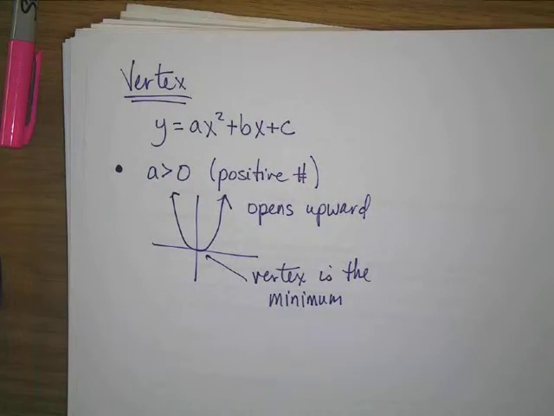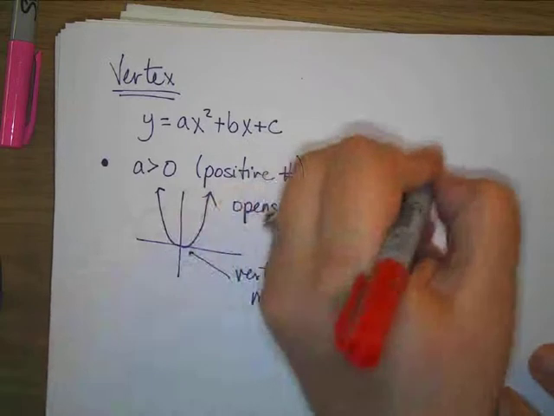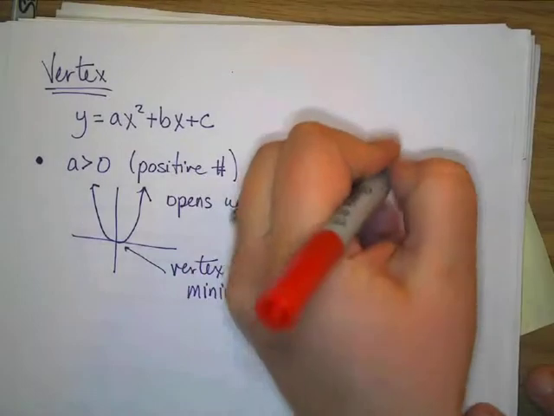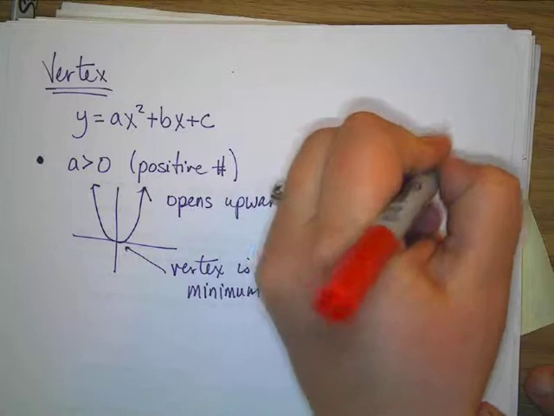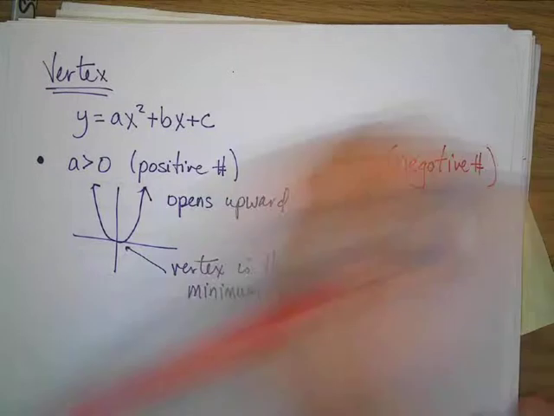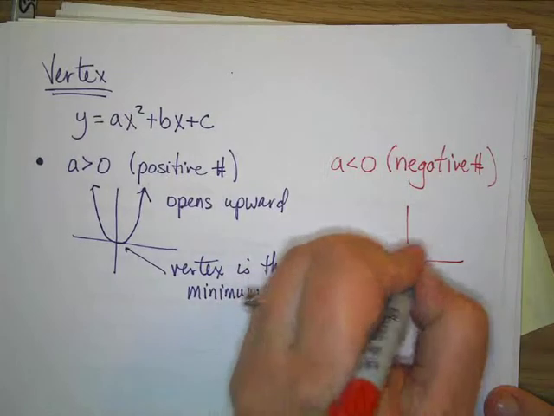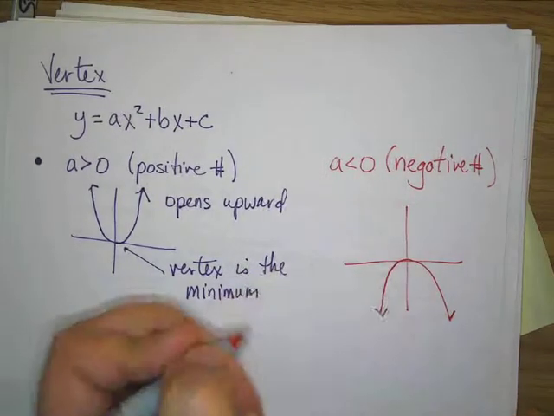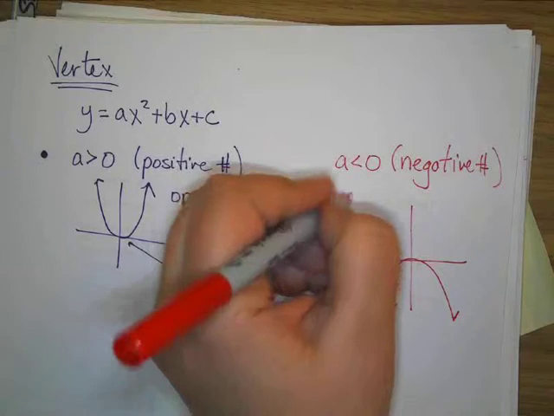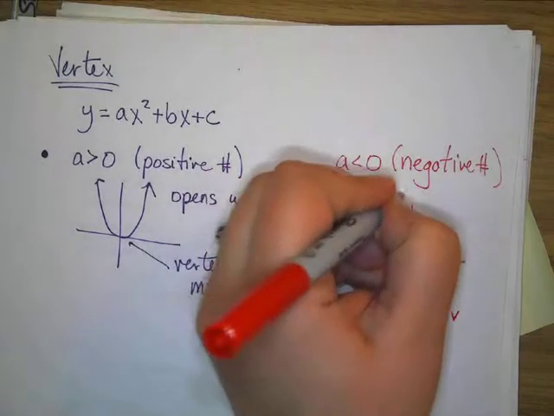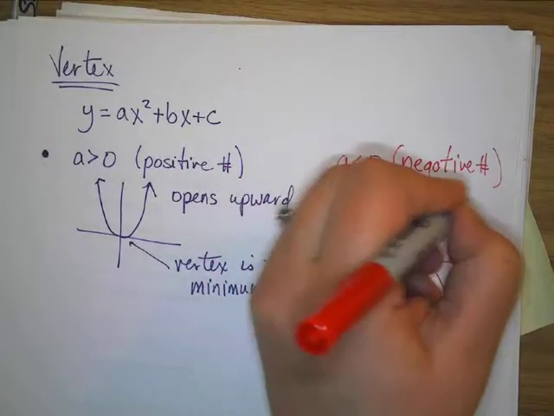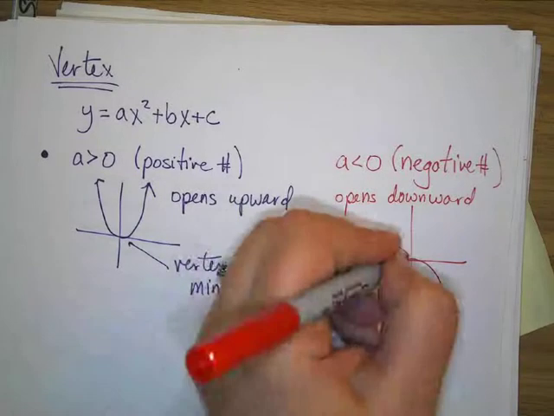Well, what do you think is true if a is less than 0, if the leading coefficient is less than 0? That means it opens downwards. Means a is a negative number. It would look something like this. So we say this opens downward. And what are we going to say the vertex is now?